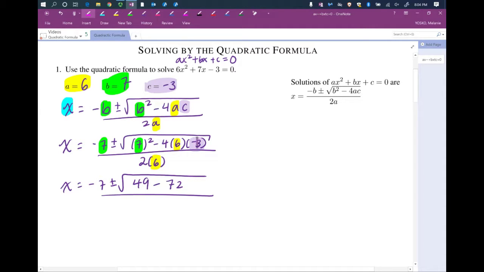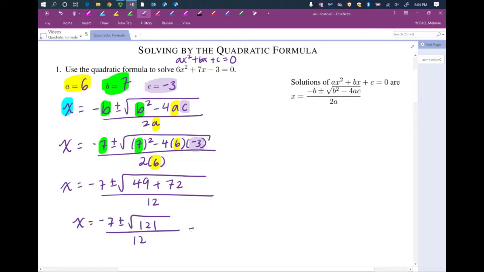You have a minus sign here and a minus sign here. A negative times a negative becomes a positive. Then we divide by 12. So we clean up under our root. x equals negative 7 plus or minus the square root of 49 plus 72, which is 121, and divide the whole thing by 12.